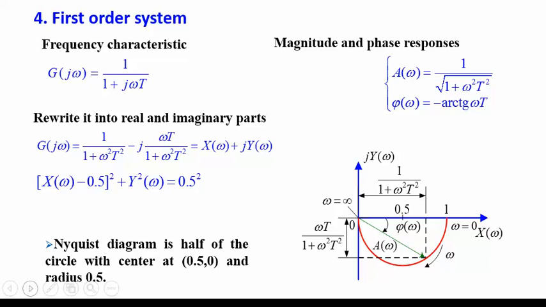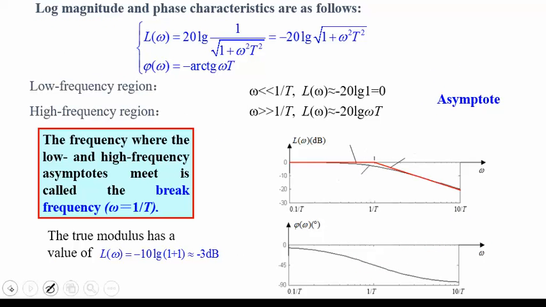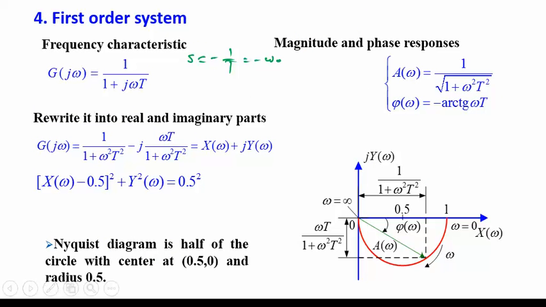Now I go to the first order term, where we have a pole at s equals minus 1 over T, and let us call this minus omega 0. Now what is the magnitude? This is the magnitude and this is the phase angle, correct?